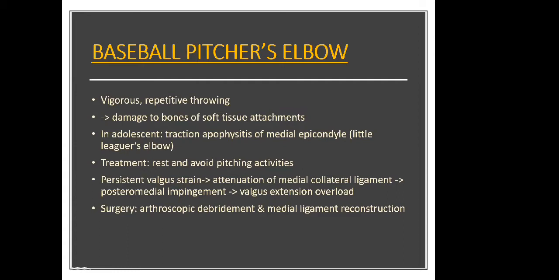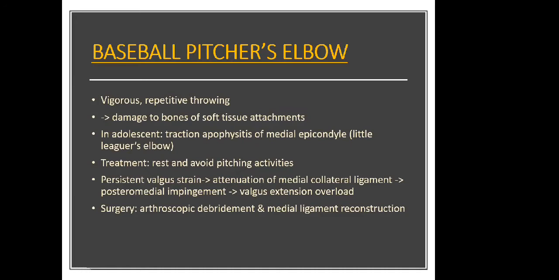While baseball pitcher's elbow happens in vigorous repetitive throwing, like in baseball players, they will have damage to the bone and soft tissue attachment. In adolescents, there will be traction apophysitis of the medial epicondyle, also known as little leaguer's elbow. Treatment is by rest and avoiding pitching.